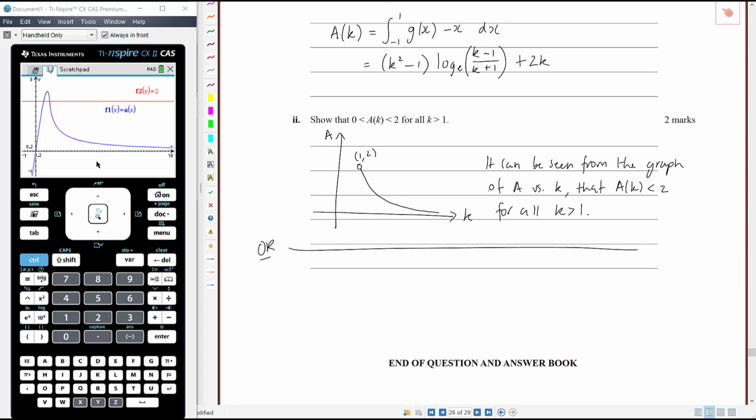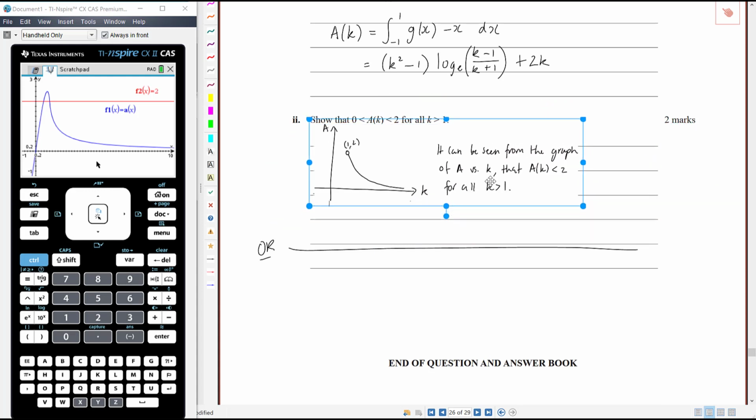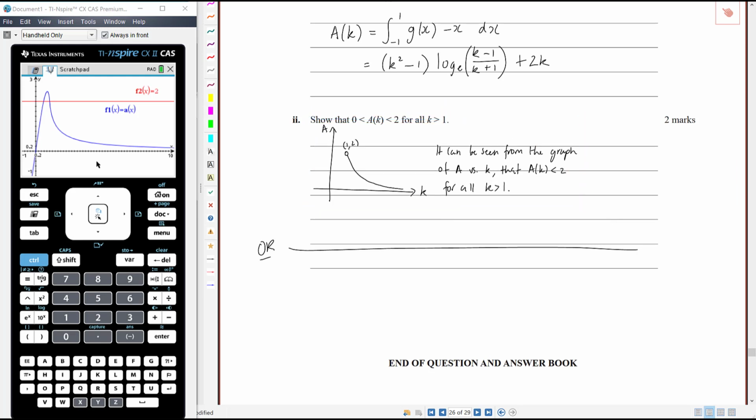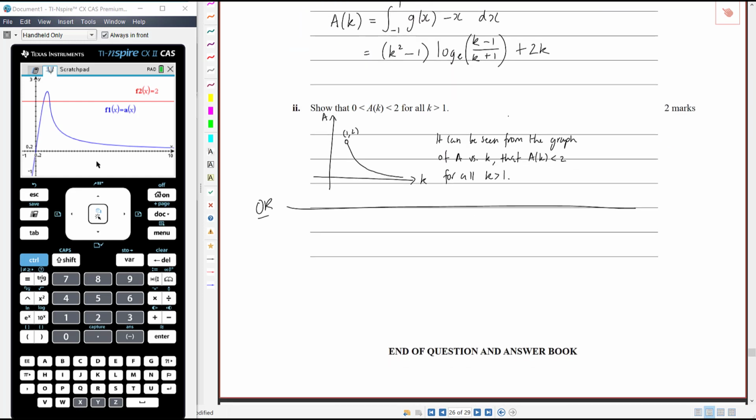Sorry, let me make this explanation a bit smaller so I've got more space. Okay, so let's just draw this graph down here so we can see it.